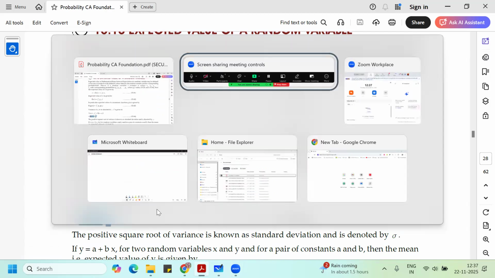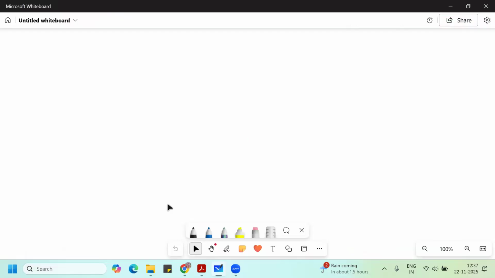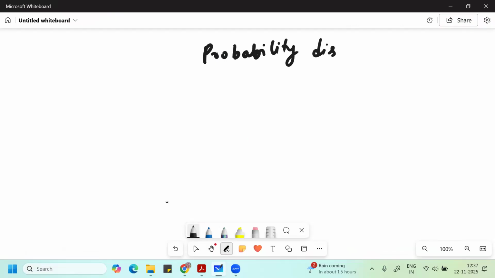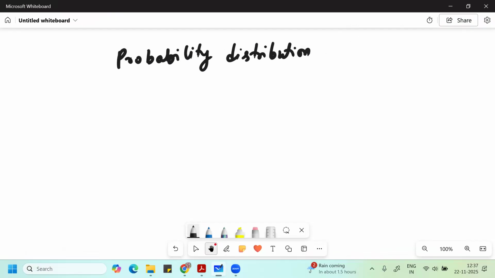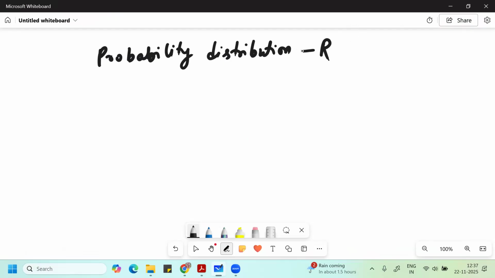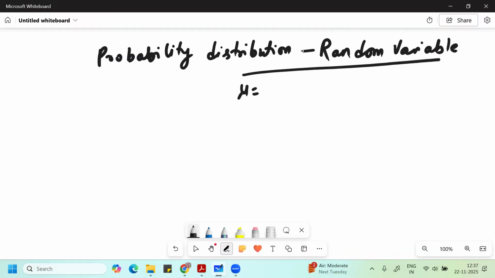So first, what is the formula for mu? If I discuss the probability distribution for a random variable, then we'll first find mu.